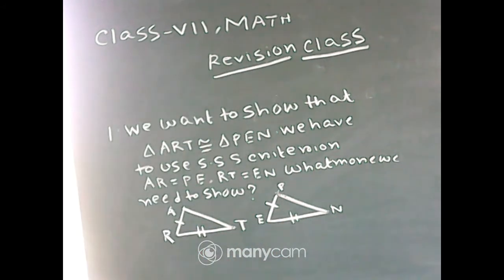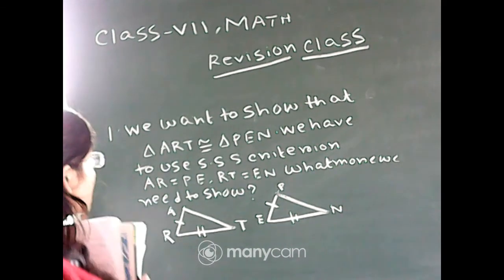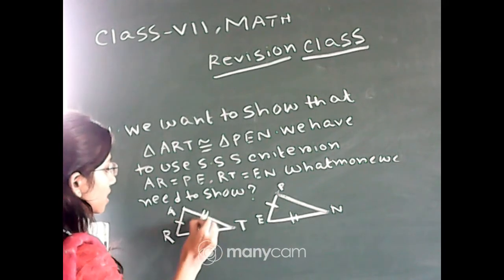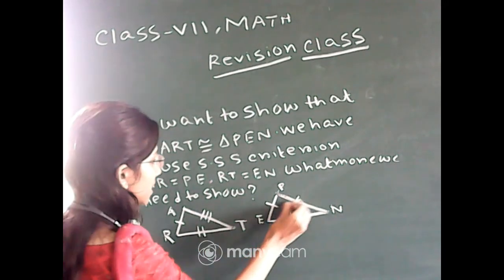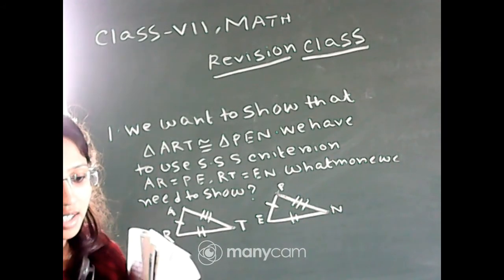So, to use SSS criterion, we need to show, what's the answer? Side AT is equal to side PN. Yes, Nandini, right answer.